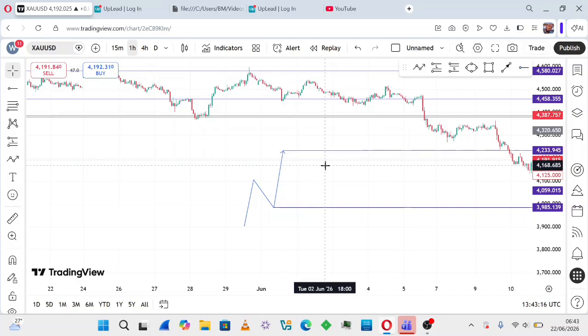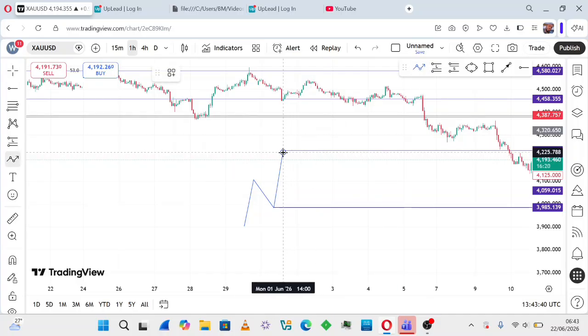Now the law of market structure is that when price makes a higher high, it's obviously going to make a higher low, and when it makes a higher low, it will make a higher high. Now, being able to pay attention to this high and this low, you will be expecting that movement to make a higher low, which might come to this level here or even go below.